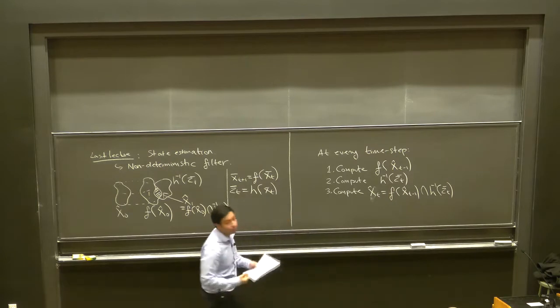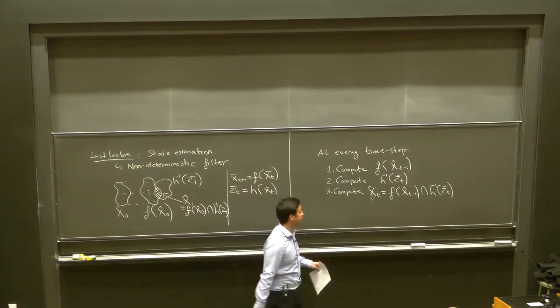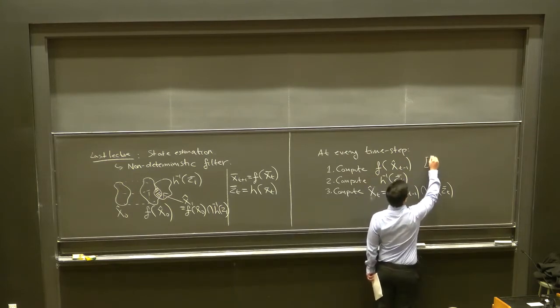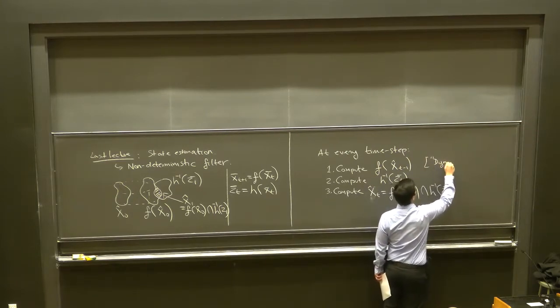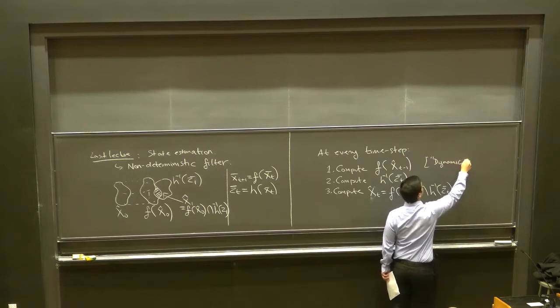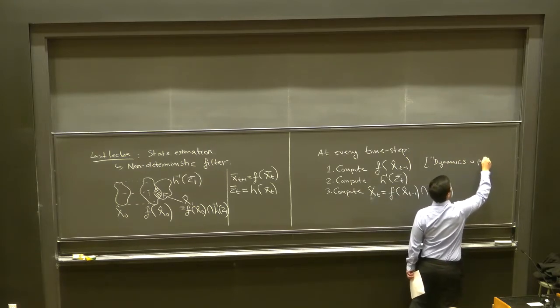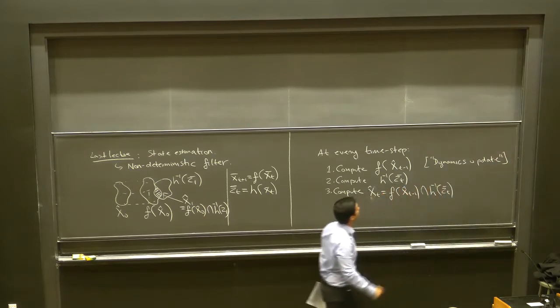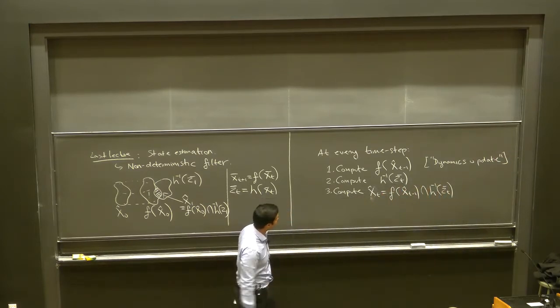So we're using our knowledge of both the dynamics and the sensor model. This step is typically called the dynamics update. So we're updating our estimate of where the robot state could be based on our knowledge of the dynamics.